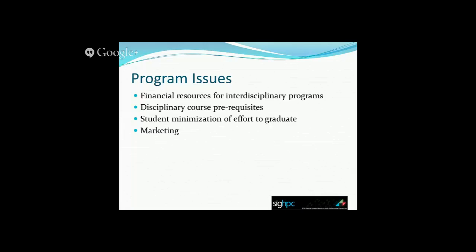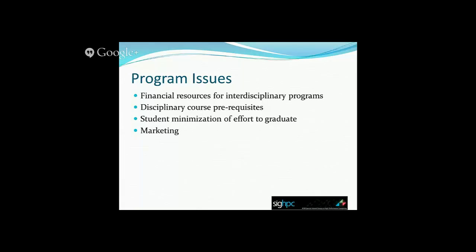They may not have the resources to provide TAs and those kinds of things to give those faculty some relief in their burden. So that becomes an issue in many interdisciplinary programs, not just in computational science, but in general.